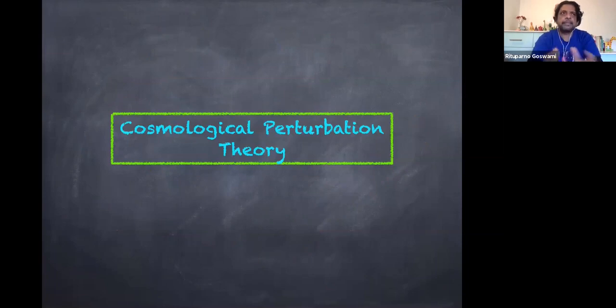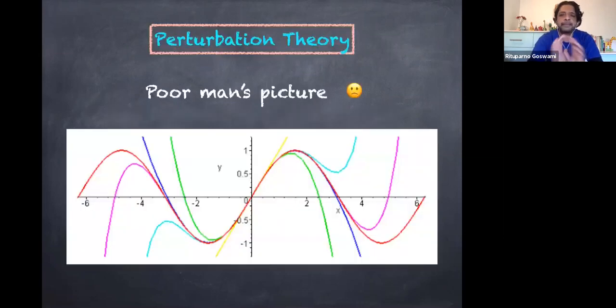That brings us to cosmological perturbation theory. Let me try to give a very basic idea of what exactly cosmological perturbation theory is. Let's start with absolutely a poor man's picture. Everybody knows what an extrapolation by Taylor expansion is. Well, I said it's a poor man's picture.